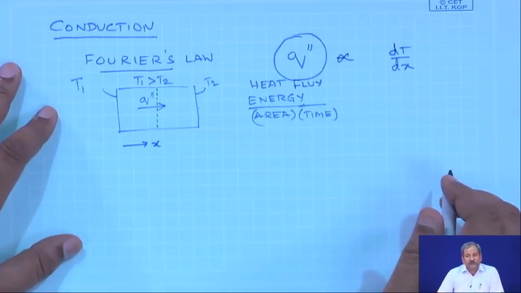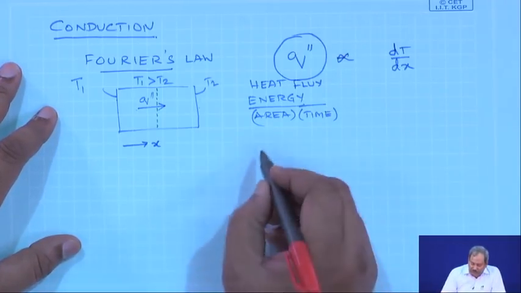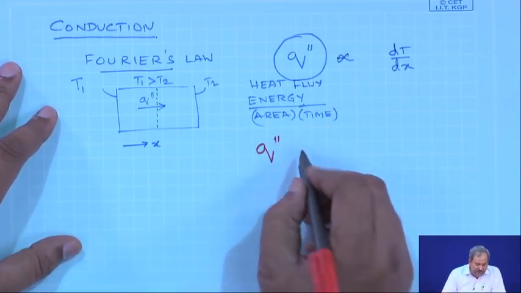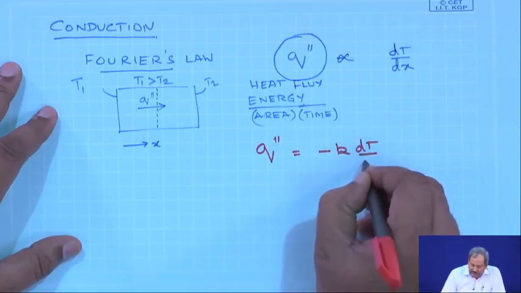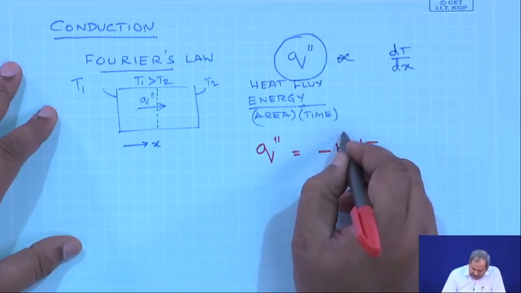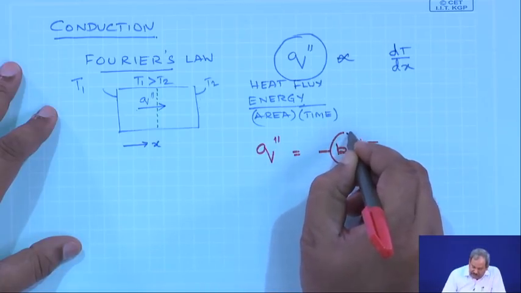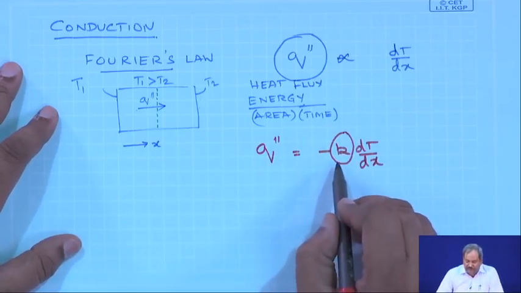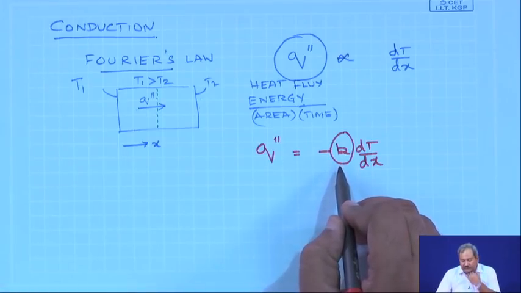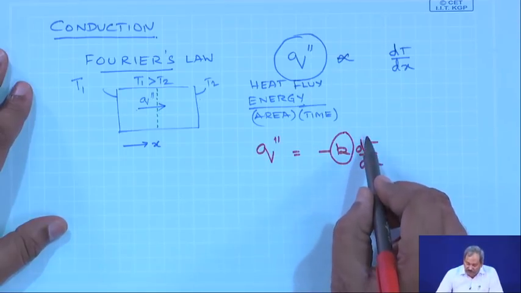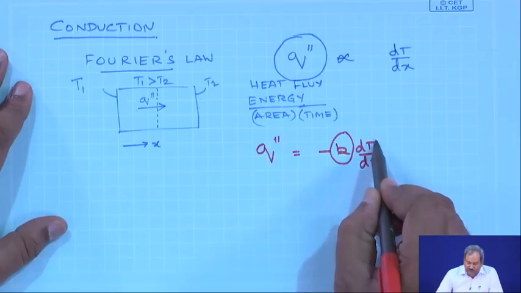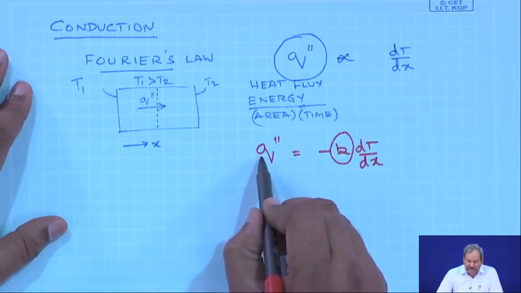So, what is proposed and known as Fourier's law is q'' equals minus k dT/dx. So, this k is the proportionality constant. Conceptually it is similar to resistance, or essentially 1 by resistance. So, this is the cause, dT/dx, and this is the effect, which is the heat flux.